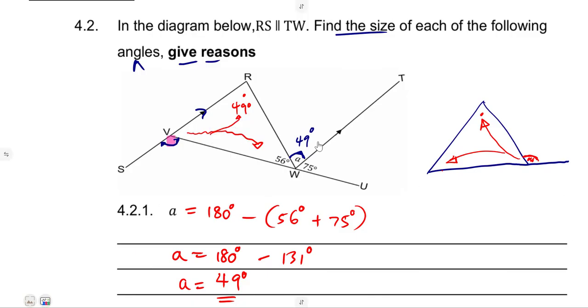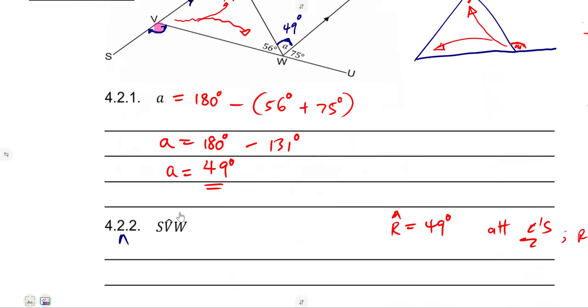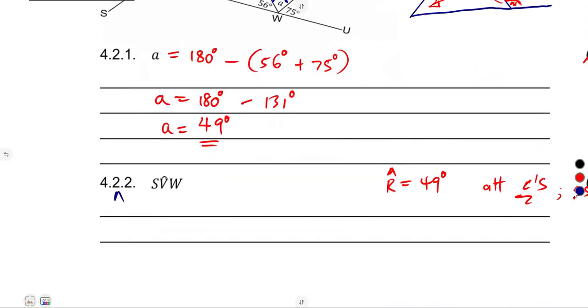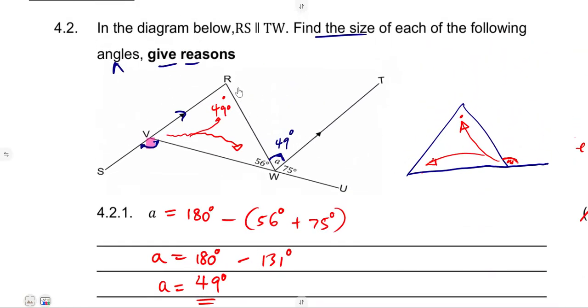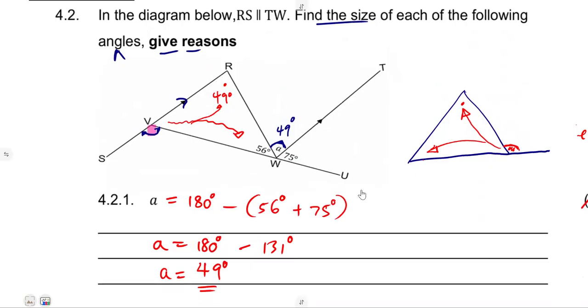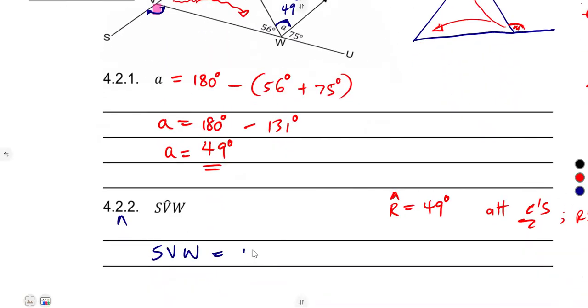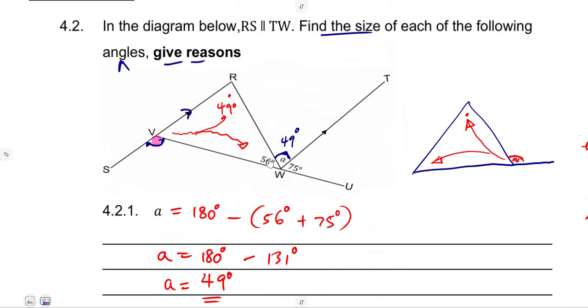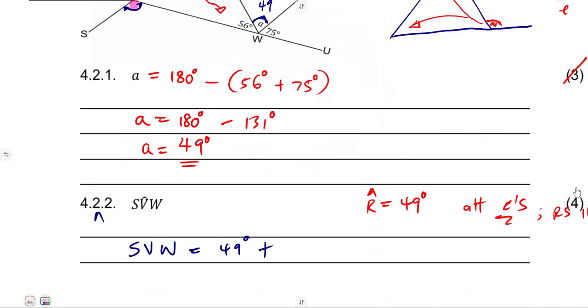So that is how we're going to find the angle SVW. So therefore, our angle SVW is equal to, we said, angle R plus angle W, all right? 49 plus angle W, which is 56. So you add these two, all right?